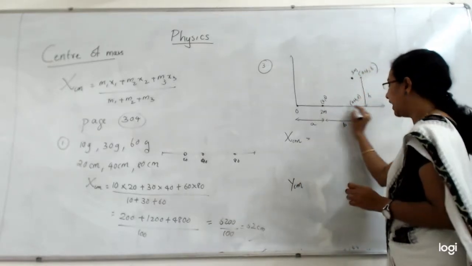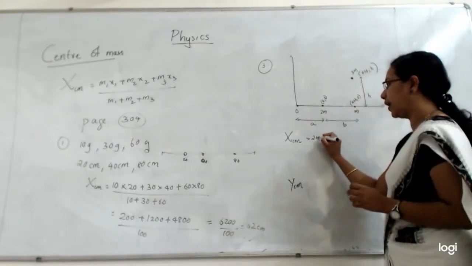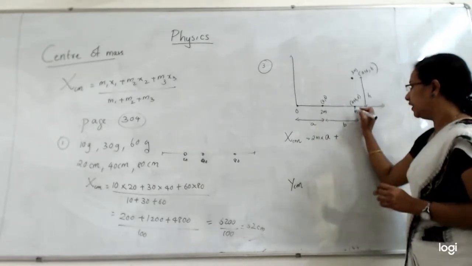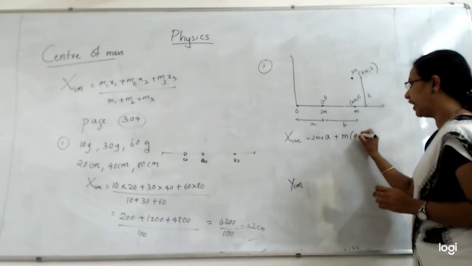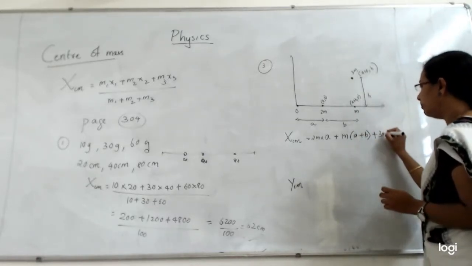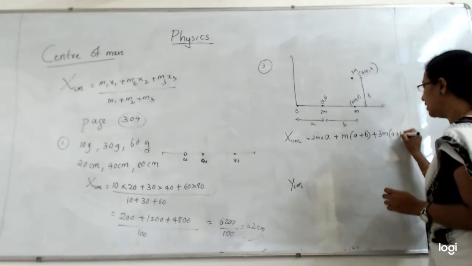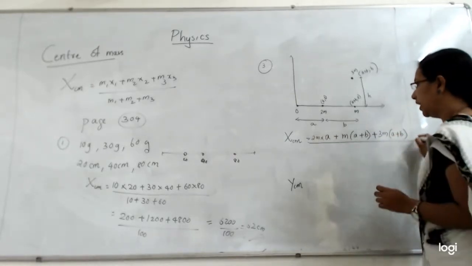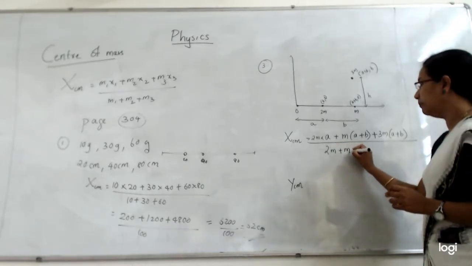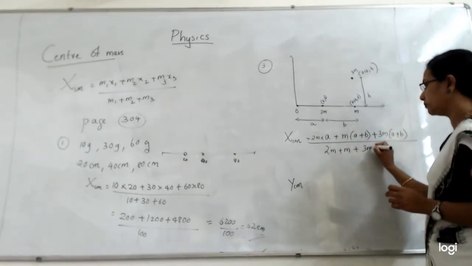For XCM, take the x coordinates: 2m into a, plus m into a plus b, plus 3m into a plus b, divided by the total mass 2m plus m plus 3m.